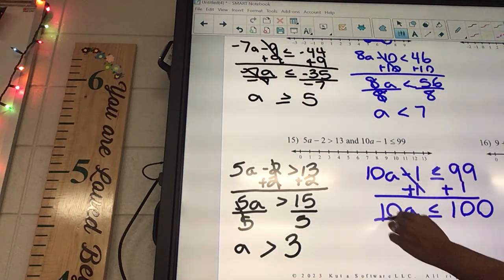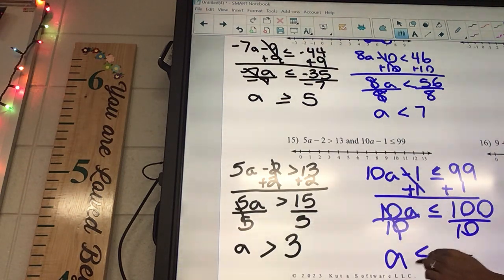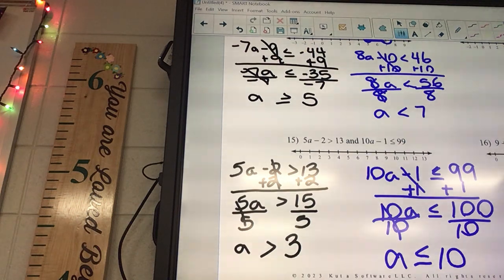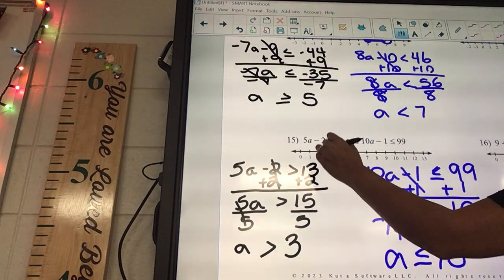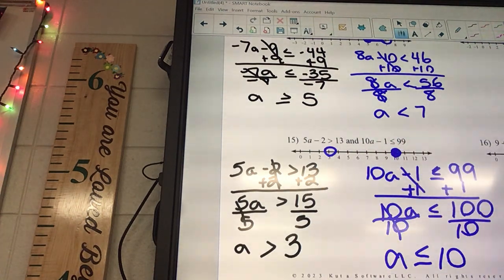And then we're going to divide by 10. Do I need to flip? No. Okay, on the 3, it's going to be open, and the 10 is going to be closed. Should these be pointed in or out?